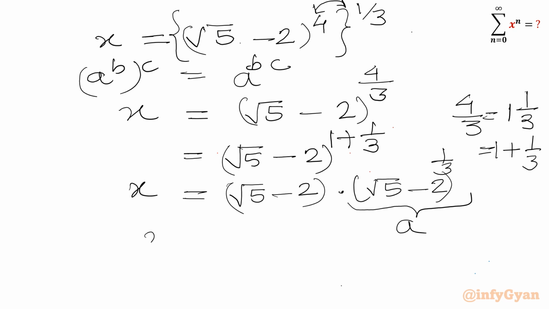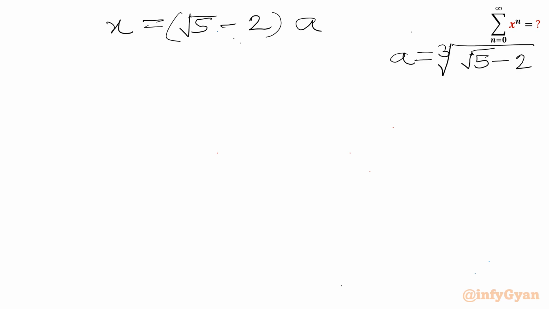So x is equal to (√5 − 2) times a, where a is the cube root of √5 − 2. So we can write a is equal to (√5 − 2) whole power 1 over 3.